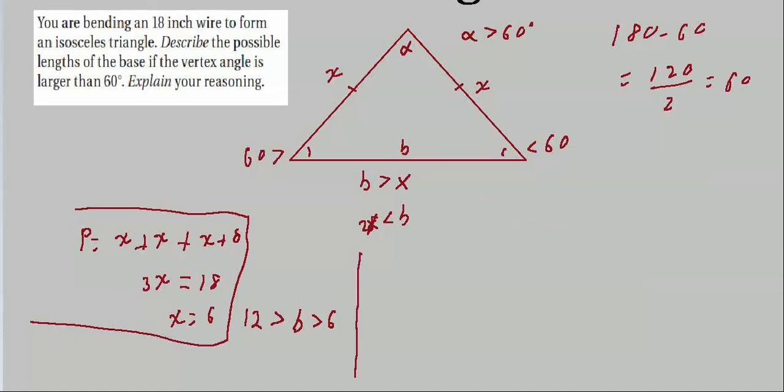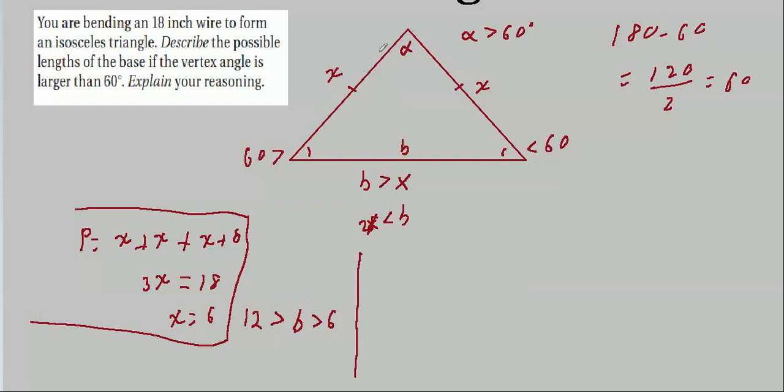But actually, I think we can do a little better. B has to be greater than 6. We know that because of the size of the angle here. However, does that mean just less than 12 is going to work? Suppose b was 11. Well, the whole thing is 18, so that means we would have 7 inches left to divide up between these two sides.